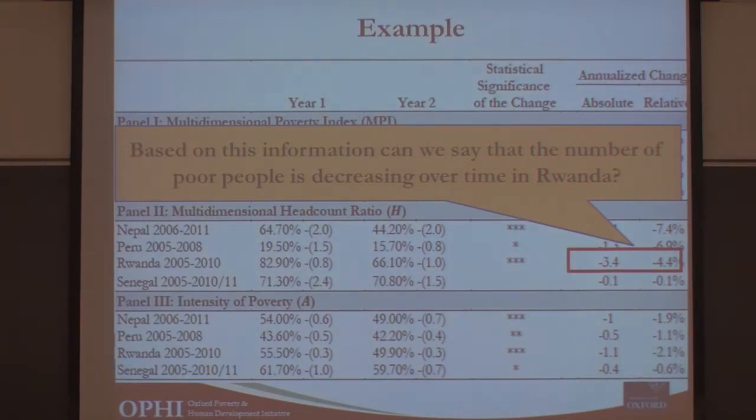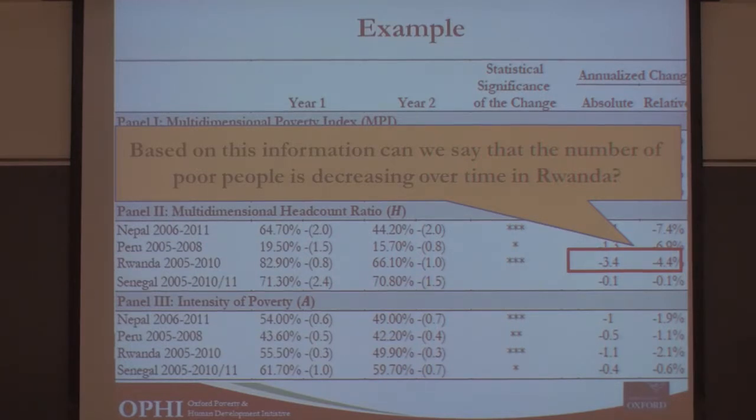Going back again to the example, when we look at Rwanda, 2005 to 2010, we have an annualized absolute change of minus 3.4 per year and a relative change of minus 4.4%, which are not good. Based on this information, can we say that the number of poor people in Rwanda has decreased during 2005 and 2010?